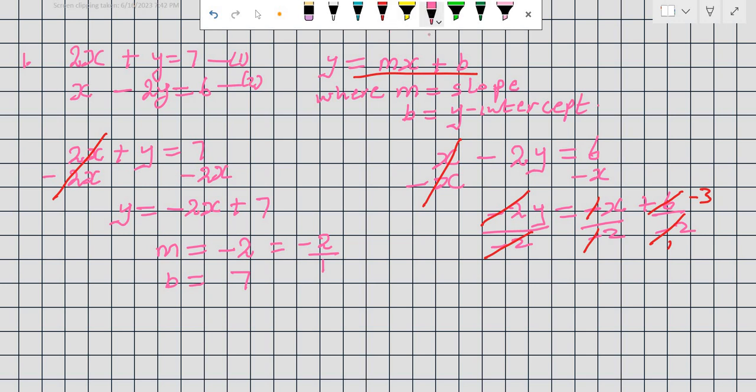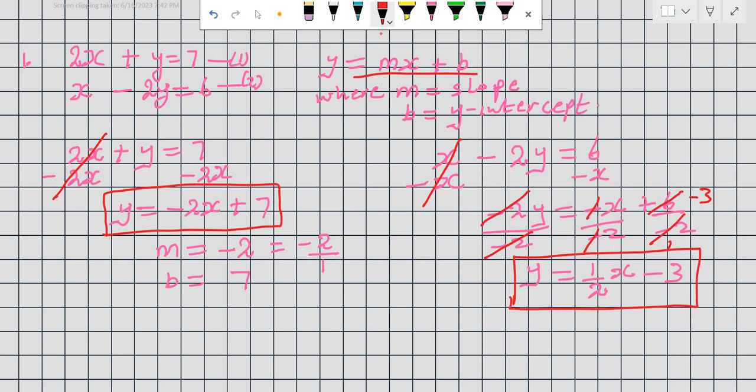So now the equation is going to take this form, which is y equals 1/2 x minus 3. So we have been able to change the two equations to the slope-intercept form. So this is the first one over here, and this is the second one over here.